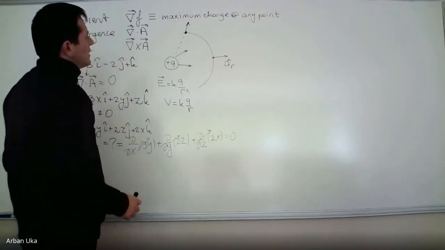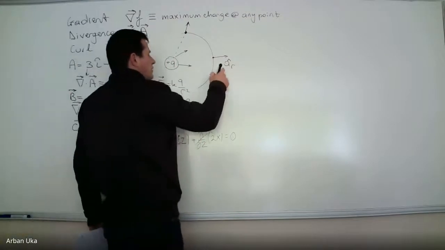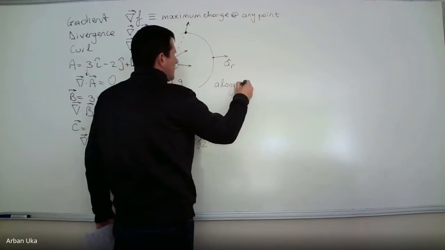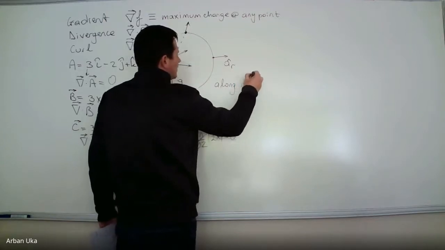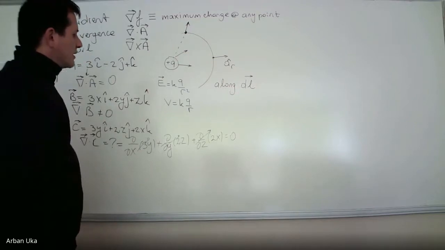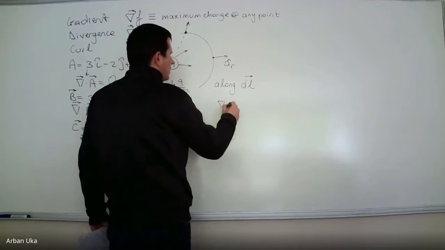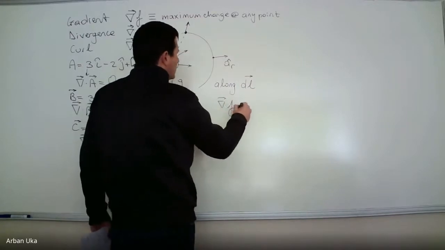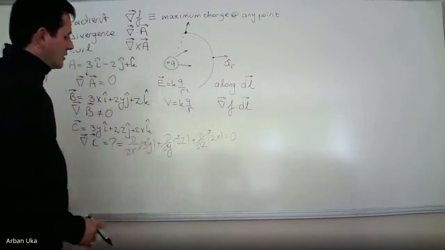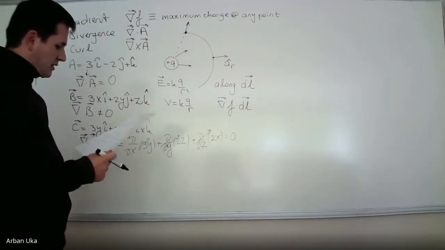Let's say that we want to find the rate of change of a vector along a direction dl. Then the rate of change along dl is going to be equal to the gradient of the function dot product dl. So this will be the rate of change along this specific direction.